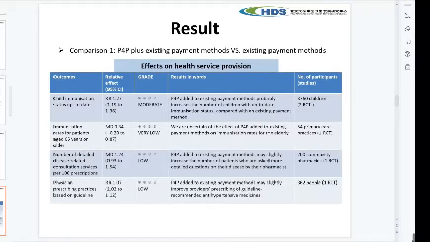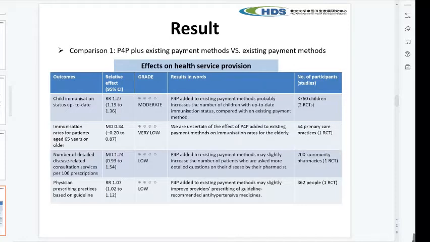We found that the extra pay for performance incentives probably increase the number of children with up-to-date immunization standards, but we are uncertain of the effect on the immunization rate for the elderly.